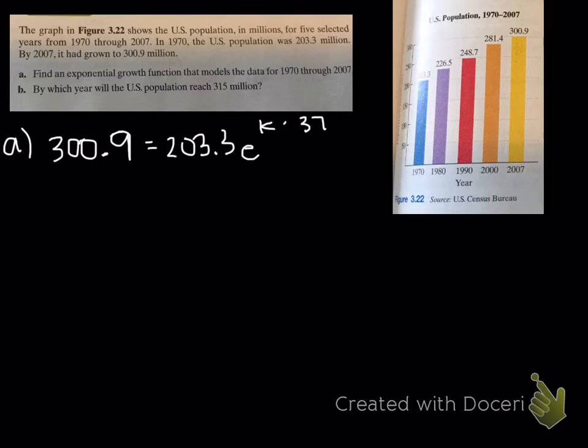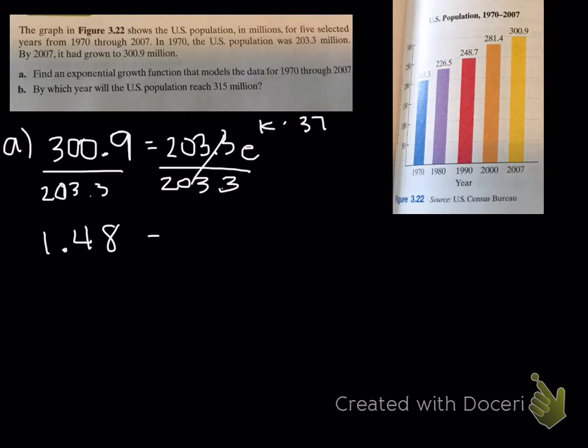So the first thing that we would do is divide by 203.3. And again, you can leave that as a fraction or you could put it as a decimal. So we get 1.48 when we divide it, equals e to the 37k. And in order to solve something like this, we need to put it in log form. So we're going to use natural log because the base is e.